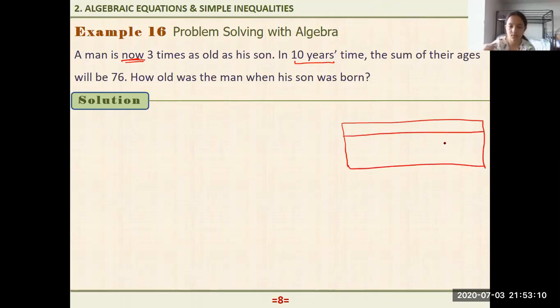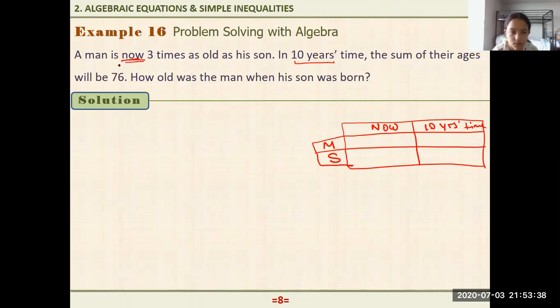Here are our times, and here we're talking about two different people, a man and his son. Here we have now and 10 years' time. You can make a beautiful table like this, maybe using a ruler.